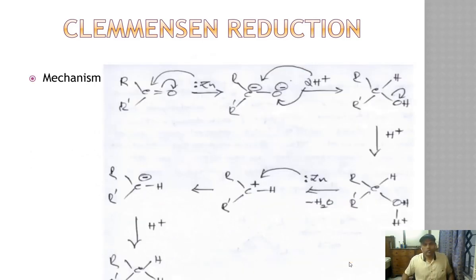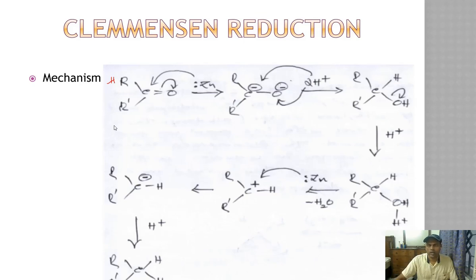So let's look into the mechanism of this reaction, how the reaction is going to take place. It's very interesting how one group is going to get converted to another group using just the electrons and the bonding transfers. Alright, here is your ketone or aldehyde, if you replace this by H, that is going to be your aldehyde.